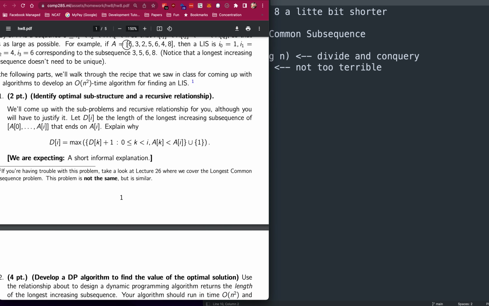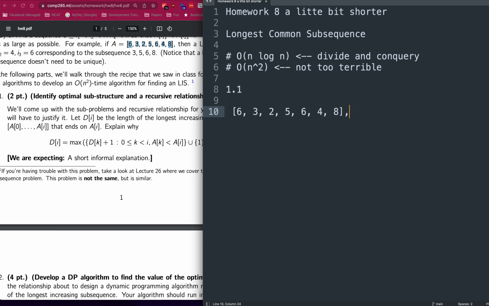Let's look at this example. This is A. And now I'm saying, define d_i, so there's going to be another array of subproblems. This is the LIS, longest increasing subsequence, from A_0 up to and including A_i, right?